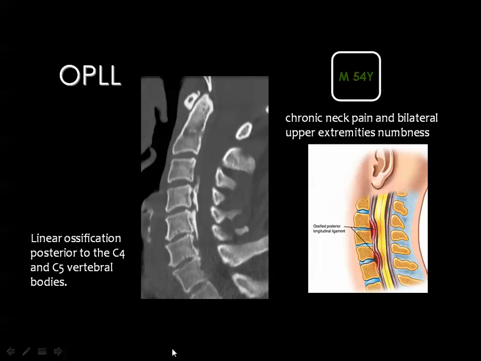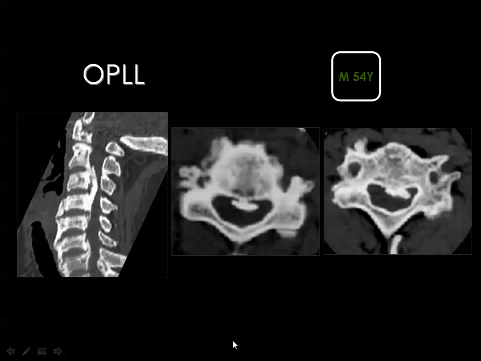One of the very important observations is that this ligament is almost away from the back of the vertebra, except at a certain point where it is attached to the vertebral body. If you look carefully here, this is ossification of the posterior longitudinal ligament, and it will appear like this in the axial image. This is quite different from the osteophyte.